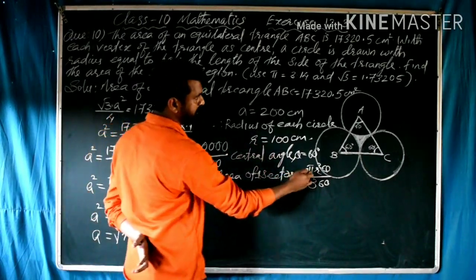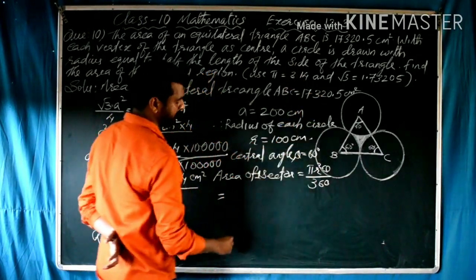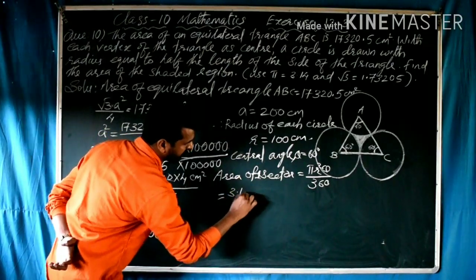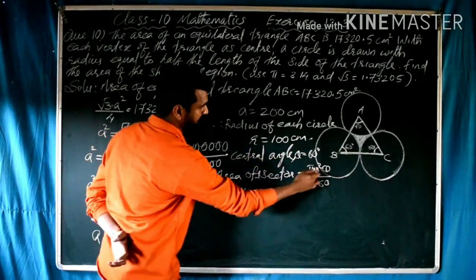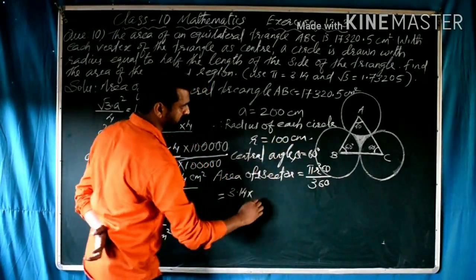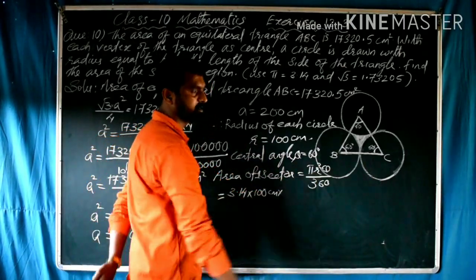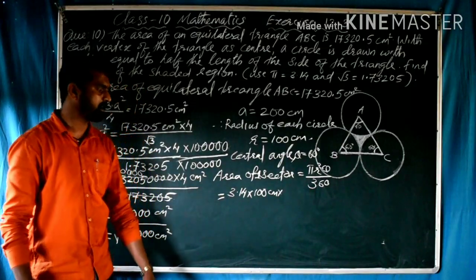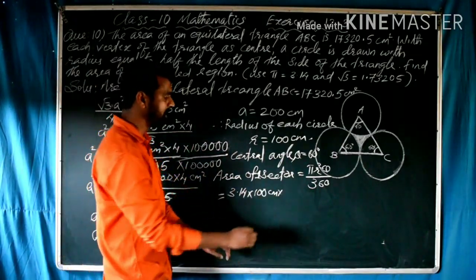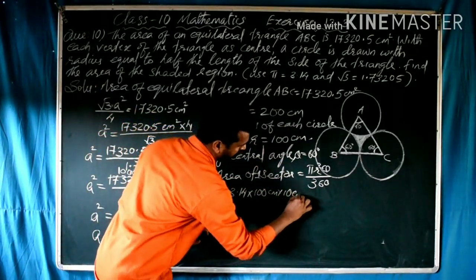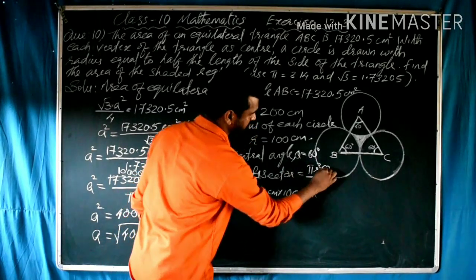Pi value we have to substitute 3.14, into radius, we got 100 centimeter here, 100 centimeter into R square. R square means R into R, radius is multiplied 2 times, so it will come 100 centimeter into 100 centimeter, into central angle theta.